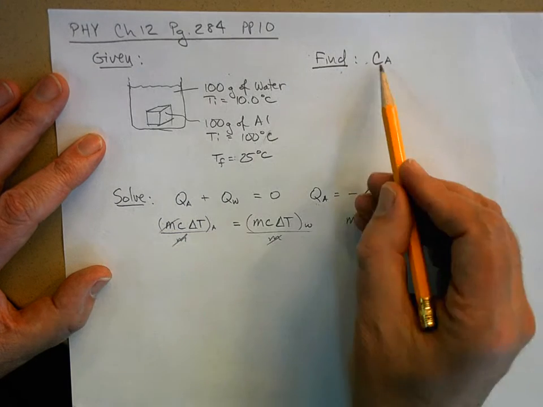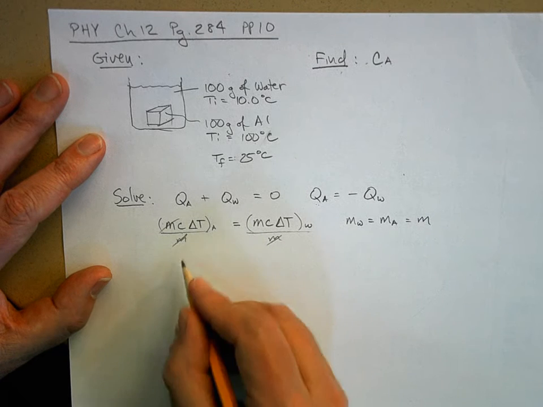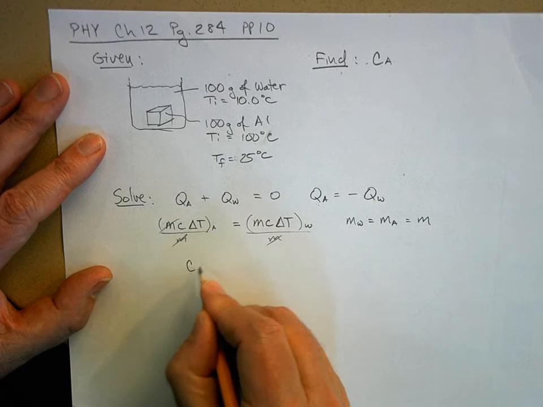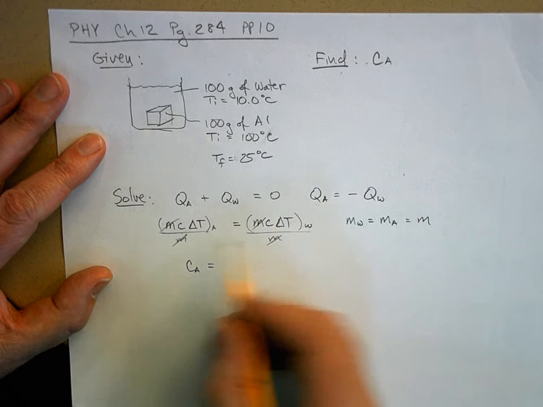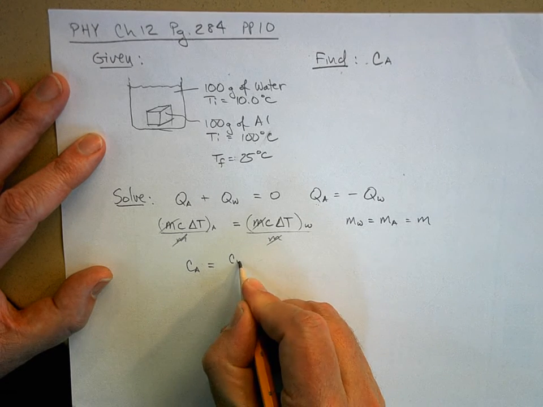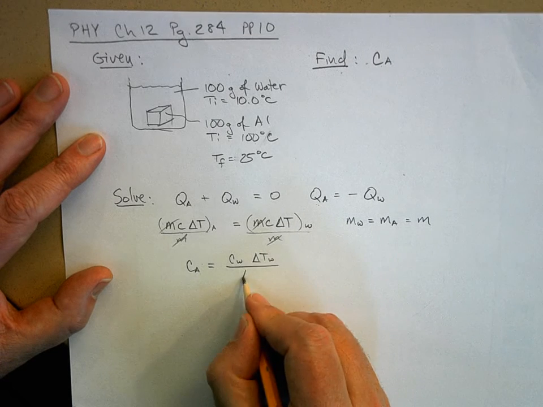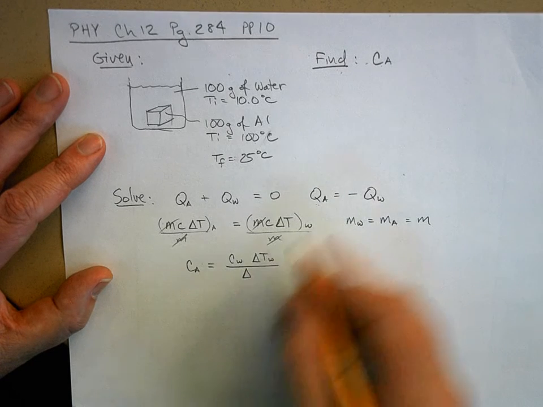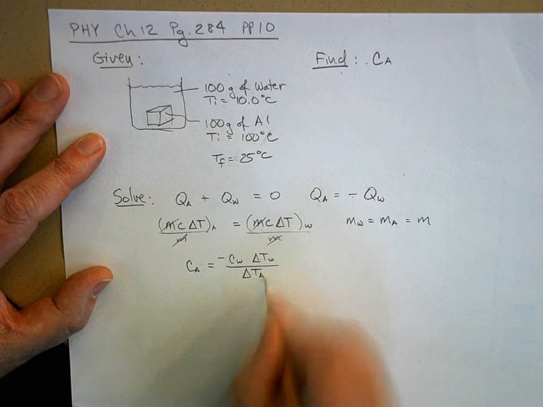Now what are we trying to find? The specific heat of the aluminum. So the specific heat of the aluminum is going to be equal to, I canceled out the mass here, the specific heat of water times the change in temperature of the water divided by the change in temperature of the aluminum, and I need that negative sign.